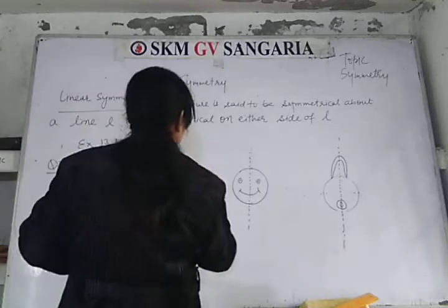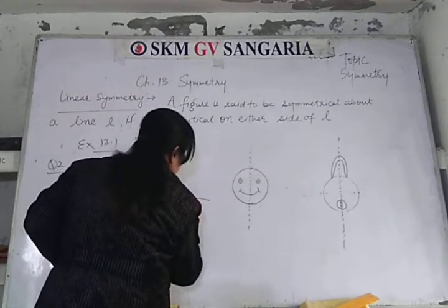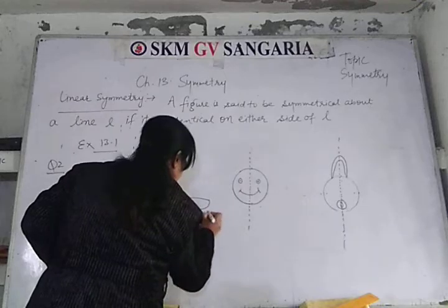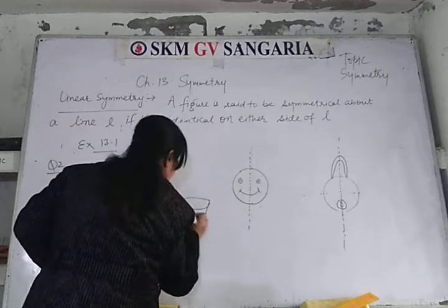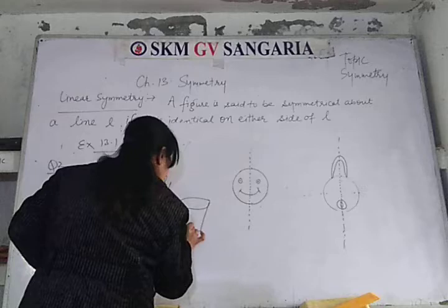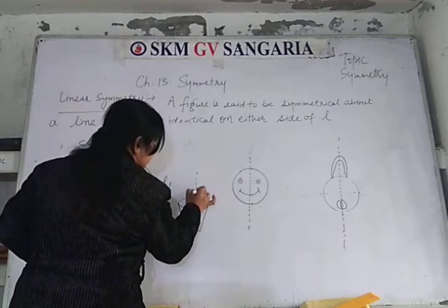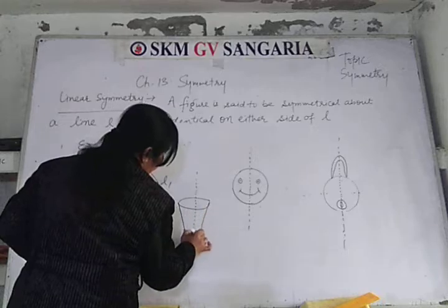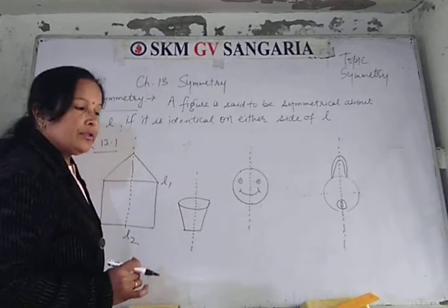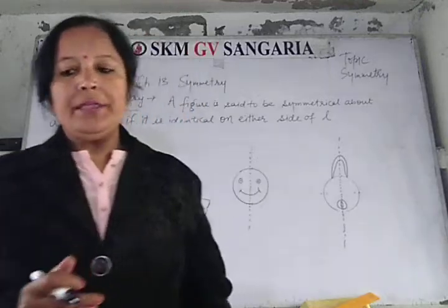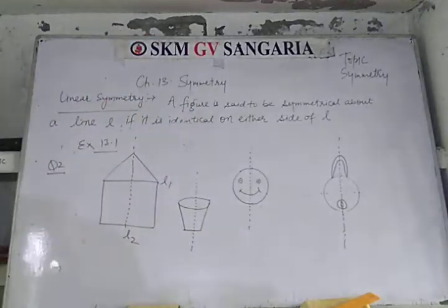If glass is here, so the line of symmetry can be drawn. This is glass. In this way, you can draw and show the line of symmetry where it is possible.